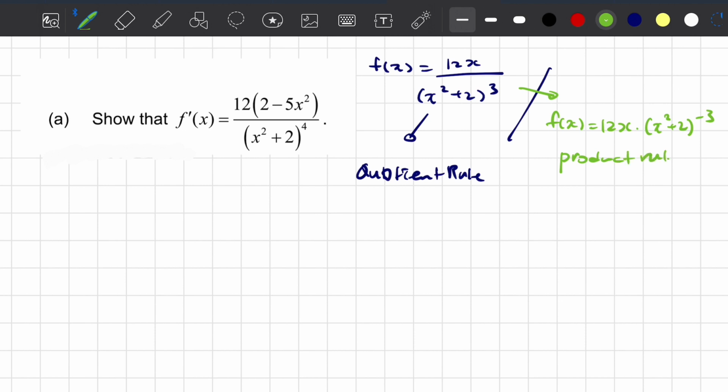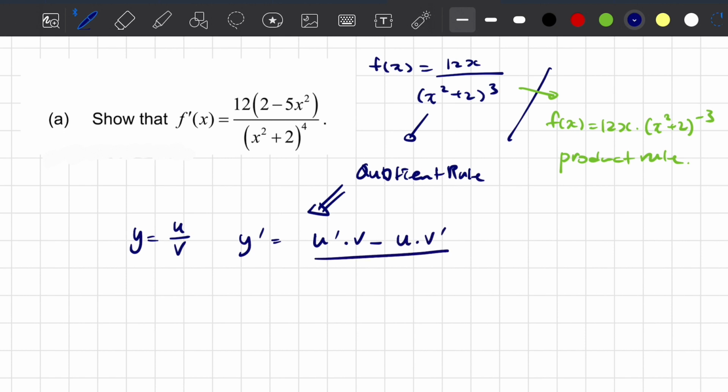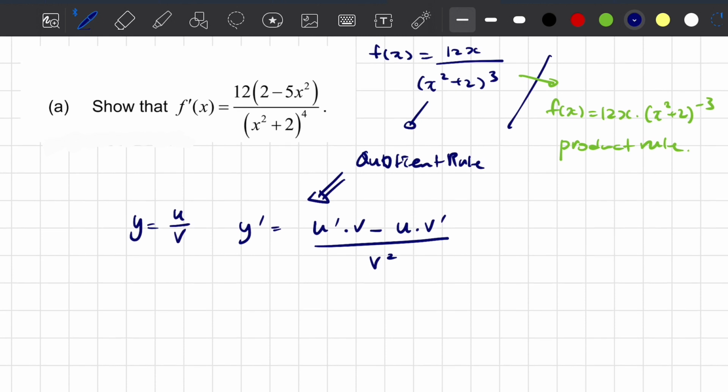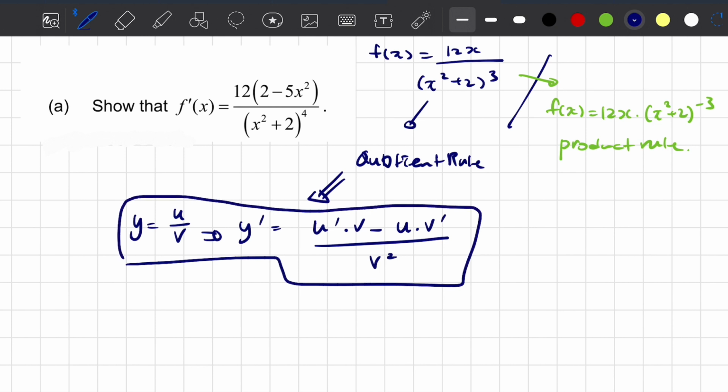However, we're going to use the quotient rule. How does the quotient rule work? If we have a function y equals u over v, then y prime is u prime times v minus u times v prime, over v squared. We can use this formula to find the derivative.